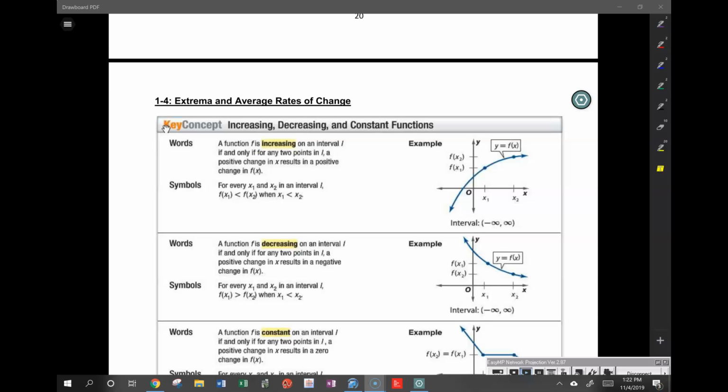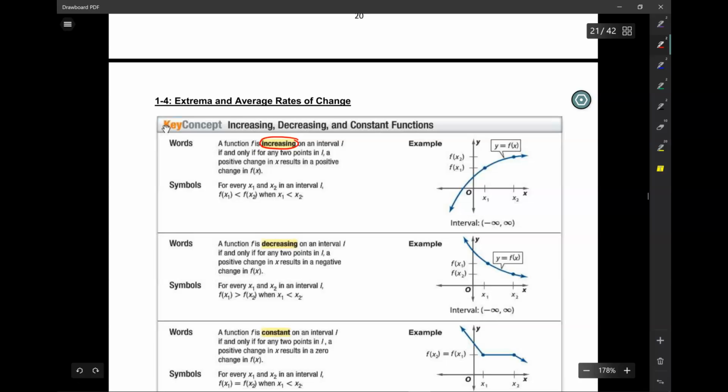All right, so let's talk first about increasing, decreasing, and constant functions. So we say that a function is increasing on an interval. Let's take a look at the words here. It says, if and only if, for any 2 points, a positive change in x results in a positive change in f of x.